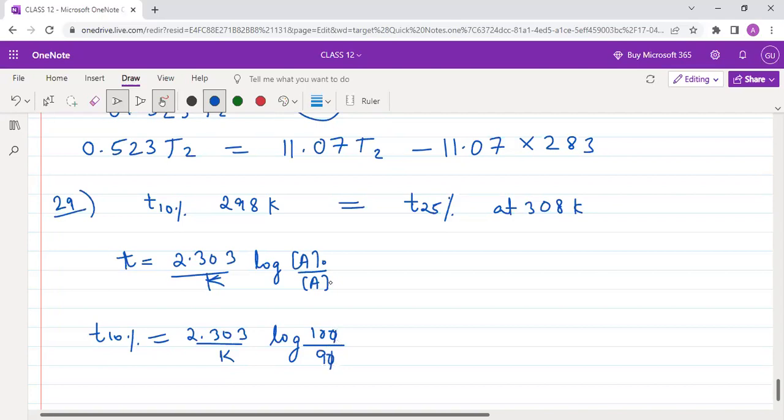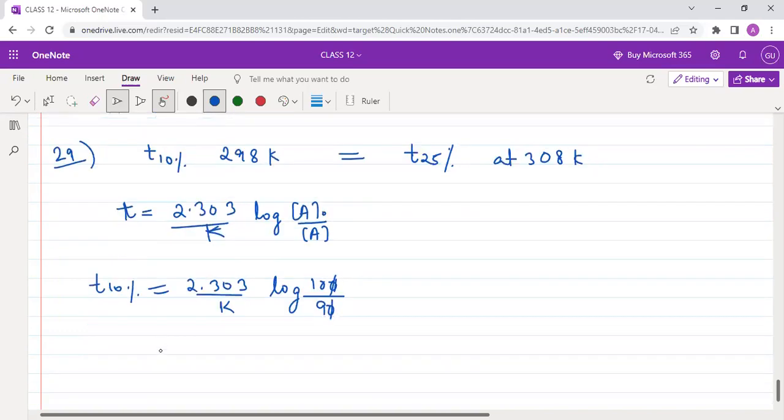Fine. So here you get 2.303 by k log 10 by 9, right? Yes, 10 by 9.